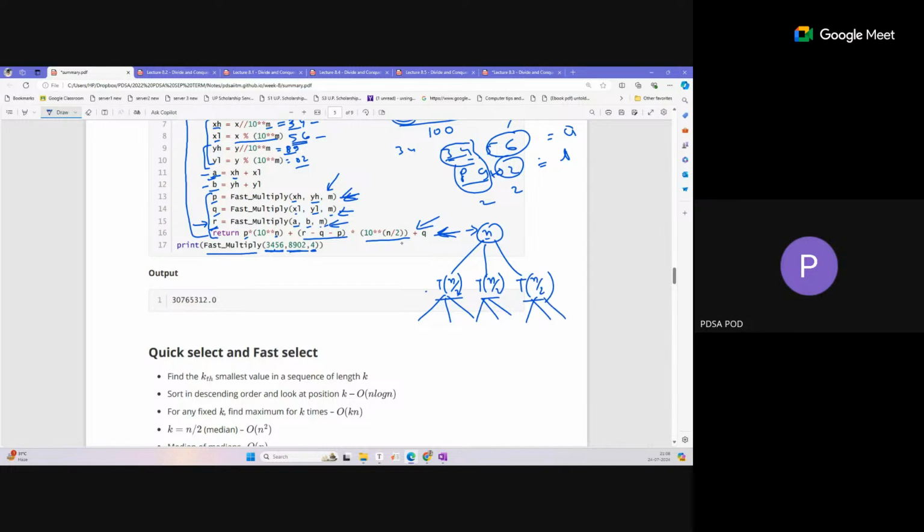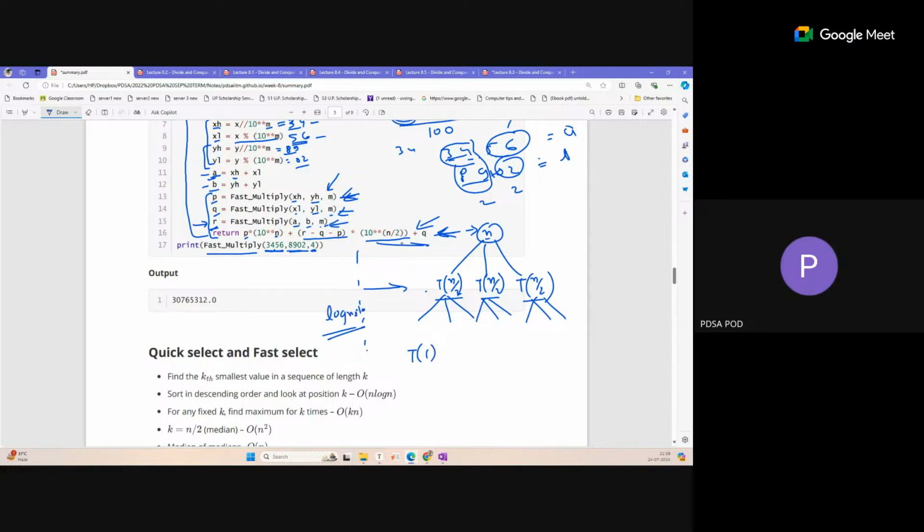But how many levels will you complete? You are dividing the problem in half every time, which means you will reach the last level, T(1), in log n steps.